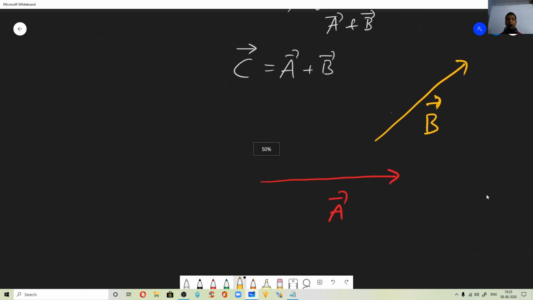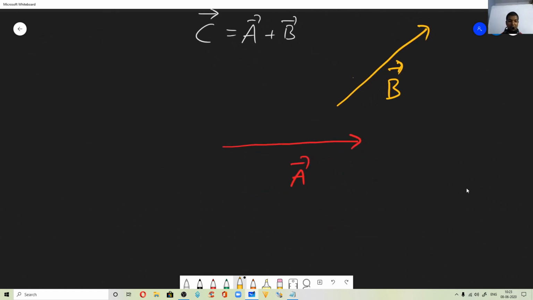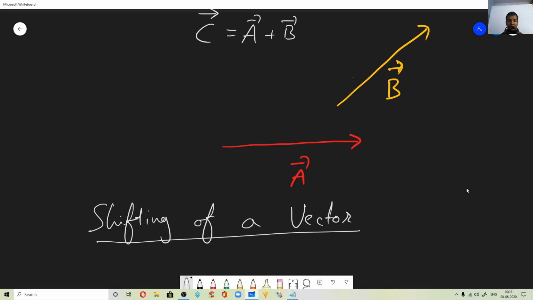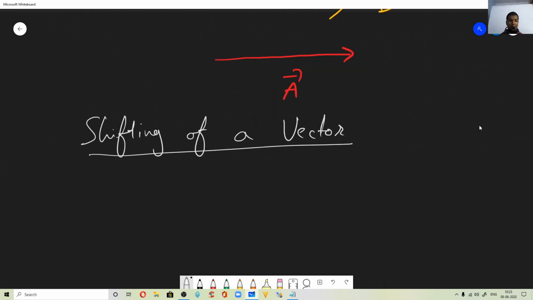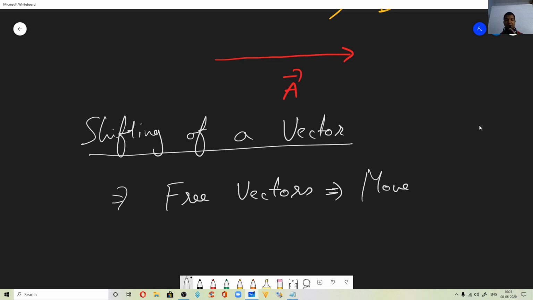Let me tell you an important property here itself. There is something called shifting of a vector. This shifting is applied to a class of vectors that we call free vectors. Free vectors are the vectors which you can move freely, so that their magnitude and direction do not change.